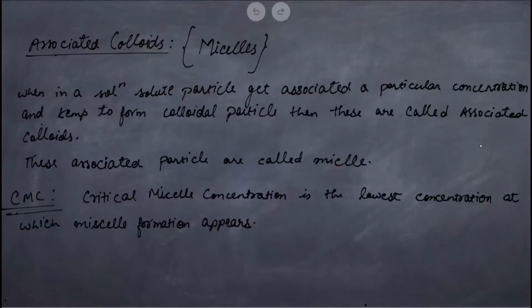Now let us talk about micelles, the associated colloids. When solute particles in a solution get associated at a particular concentration and temperature to form colloidal particles, these are called associated colloids. We need a particular concentration at a particular temperature, and this temperature is known as Kraft temperature.